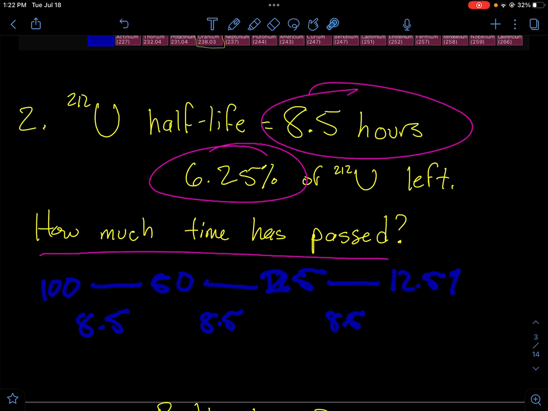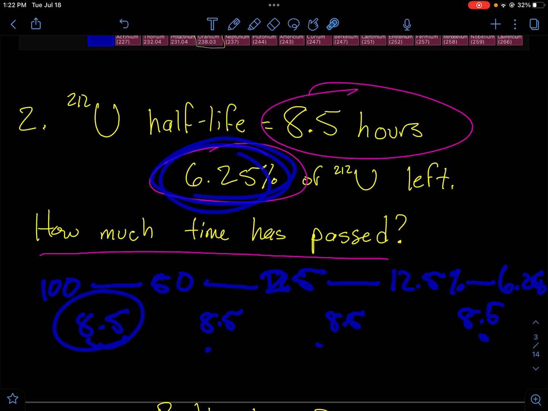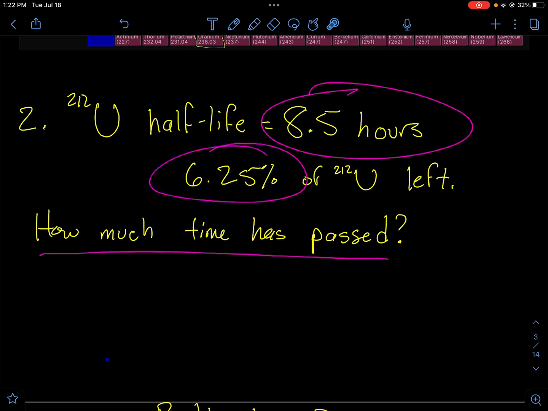And then half of 12.5 is finally 6.25%, which is how much you have left. That's another 8.5 hours. So that's 1, 2, 3, 4 half-lives that pass by. So 4 times 8.5 is, 4 times 8 is 32, 4 times a half is 2, so 32 plus 2 is 34. Hours. 34 hours have passed.